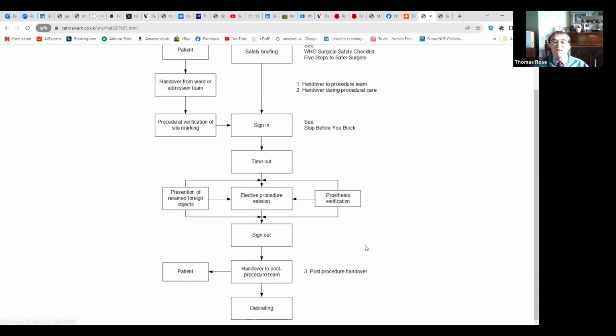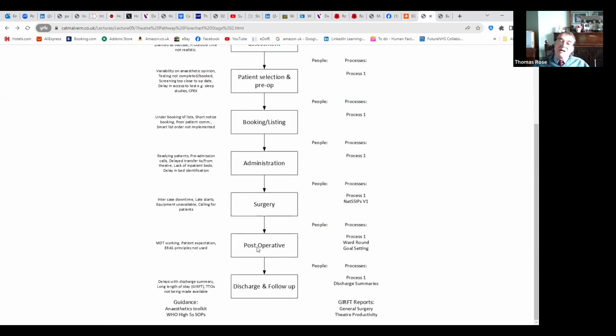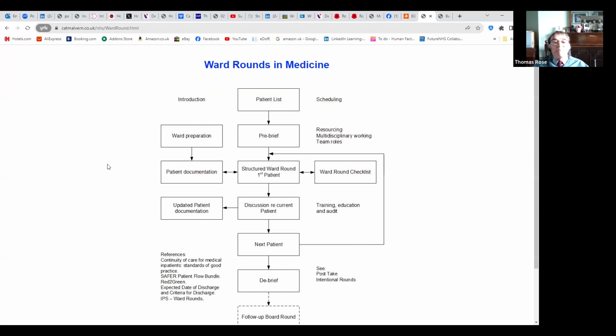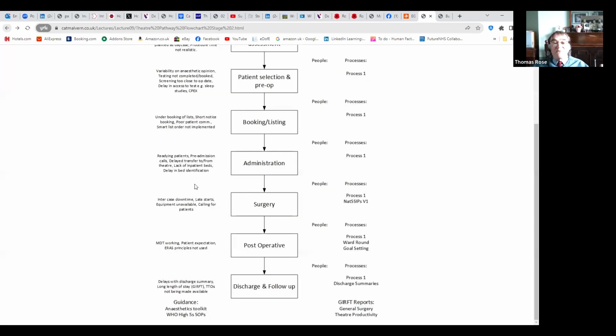It's several processes. So you end up with a whole series of processes within each of these activities. And then once you've identified those processes, you can have a look at identifying the tasks within those processes.